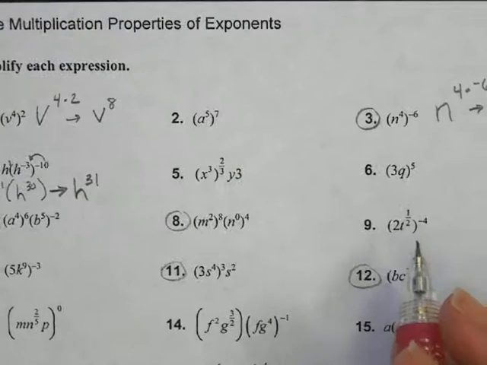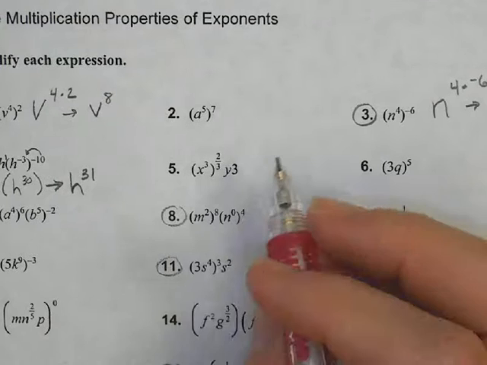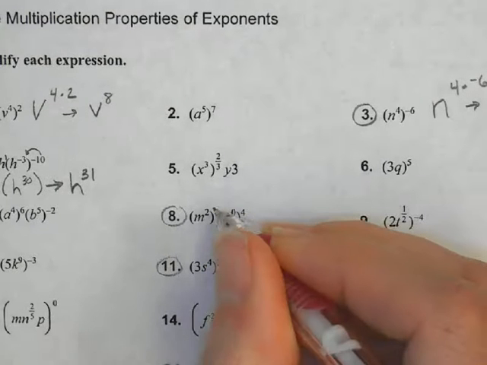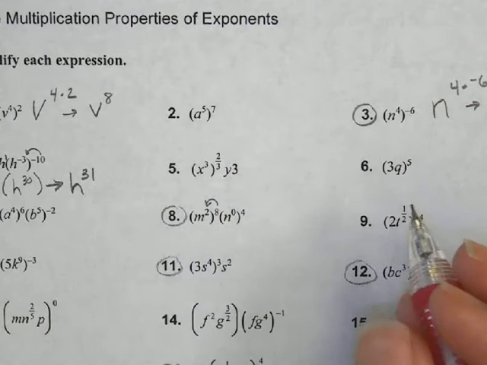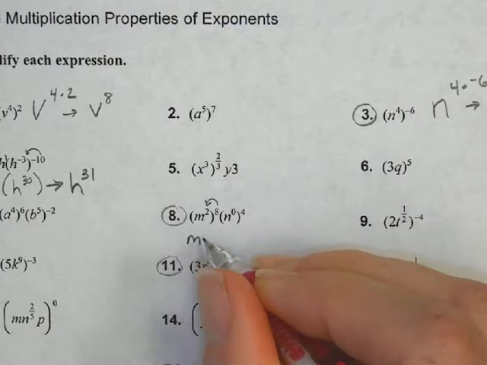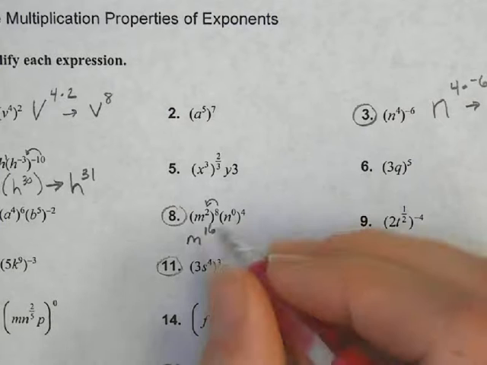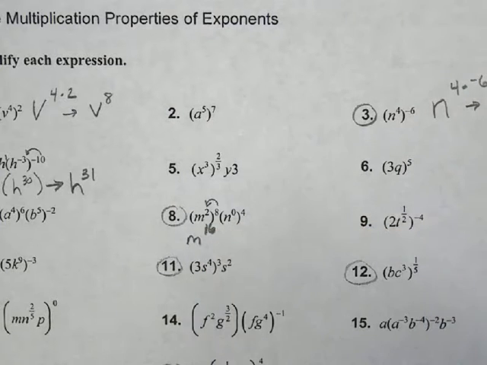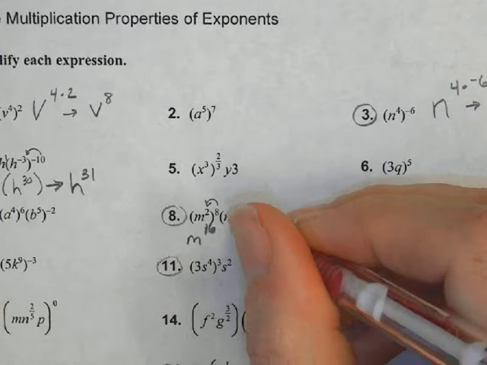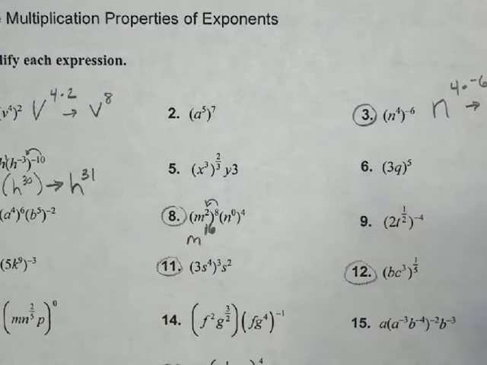Number 8. Number 8 I wanted to do because it's a little different. All right. First of all, I can see this 8 is connected to the 2. So an 8 times 2 gives me m to the 16th power. Okay. So I'm in m to the 16th, no problem. Now I have n to the 0 power times 4.